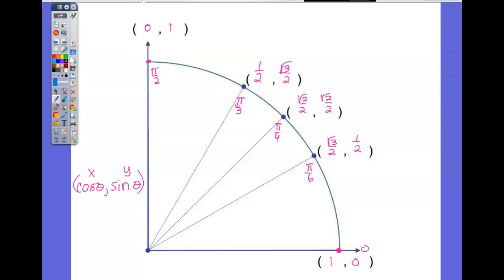That's number one. So the last thing I want to show you is I can also find the tangent, because the tangent is sine over cosine. So in this case, it's 1/2 divided by the square root of 3 over 2.